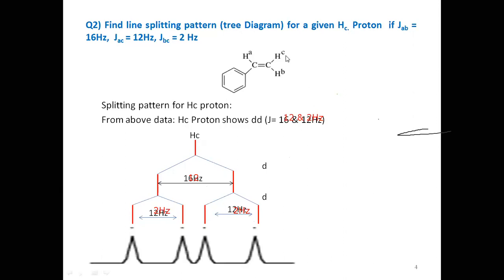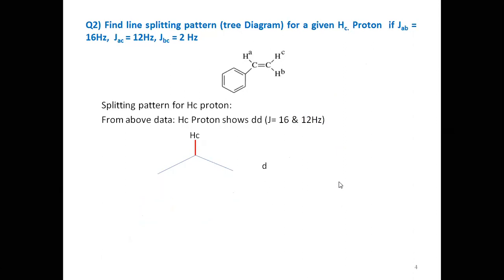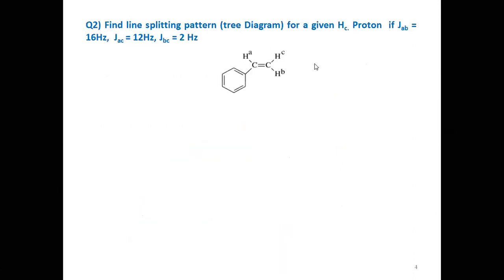And what about the HA proton? HA is 16 hertz and 12 hertz. Actually, the labeling here is a mistake. Actually, this is for the HA proton.